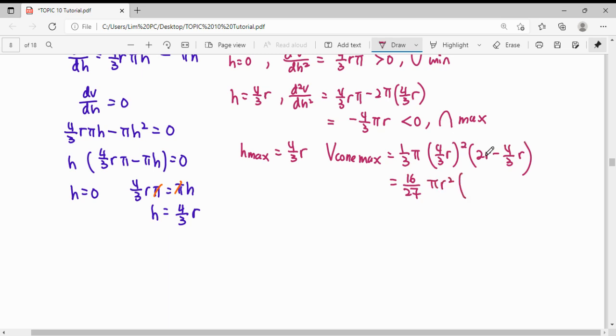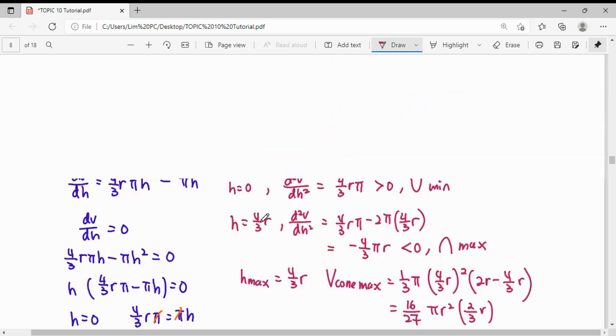Inside here, 2 minus 4 over 3 will give us 2 over 3 r. So simplify, we will get 32 over 81 pi r cubed. So this is the maximum volume of the cone.